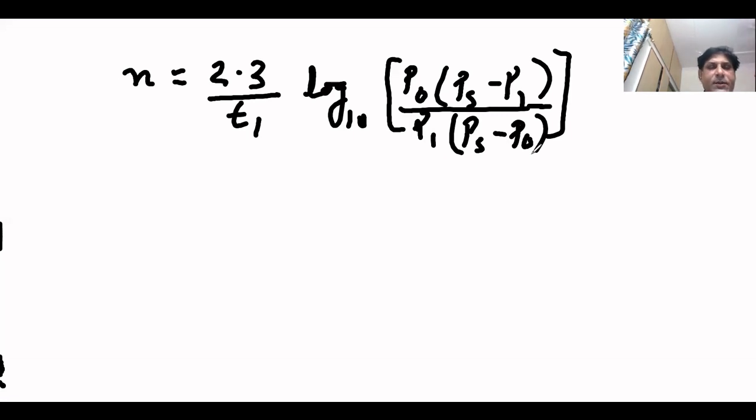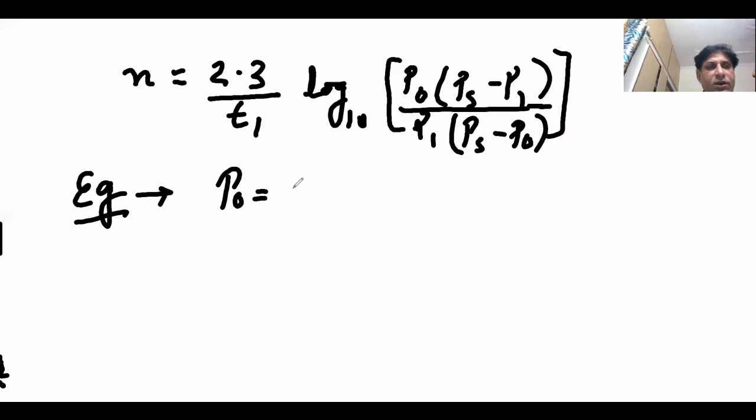Let us take an example of a city which was having a population of, say, we take period of 20 years. The initial population P0 was 30,000 at t equal to 0.